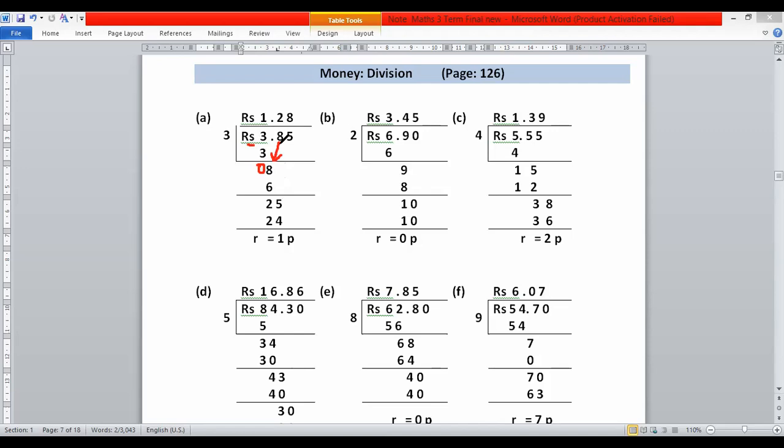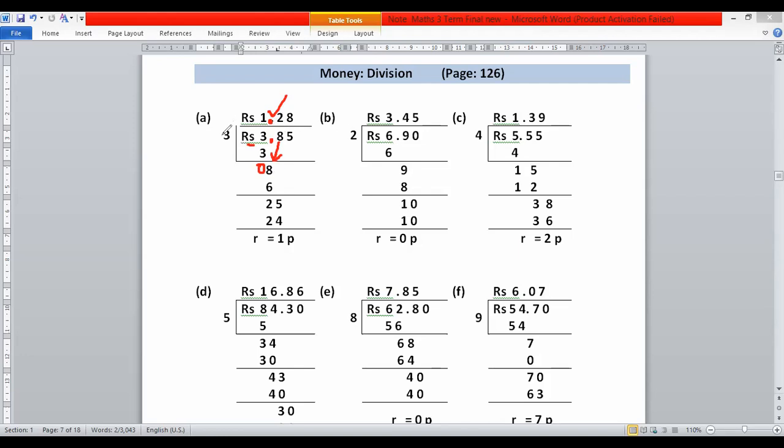But remember that whenever you shift the digit that is next to the point, you must put the point above first. This is a very important rule. Here I have put the point, and after that you divide 8 by 3.